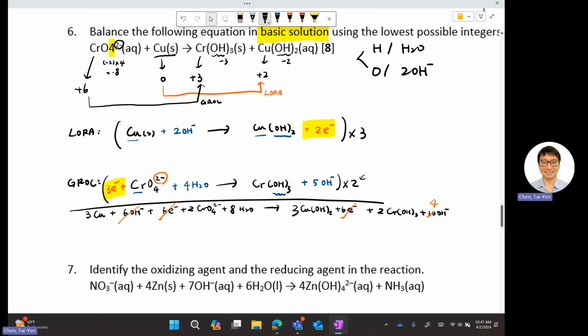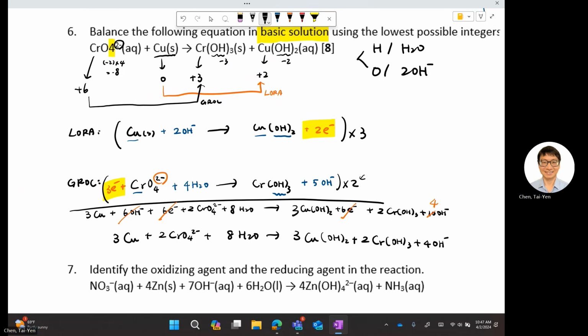Okay, so the next equation you are going to have is 3 Cu plus 2 CrO4 2 minus plus 8 H2O. They give you 3 Cu(OH)2 plus 2 Cr(OH)3 plus 4 OH minus.